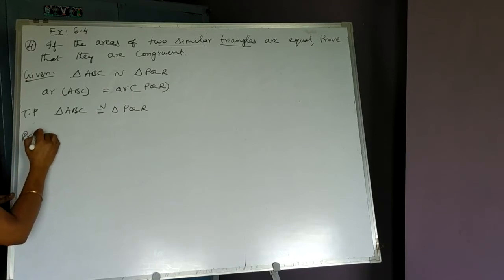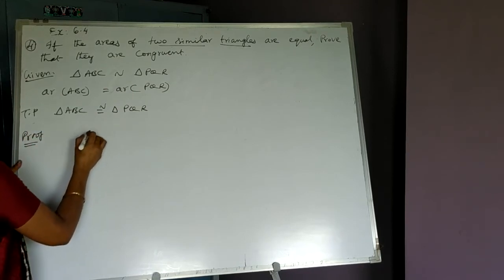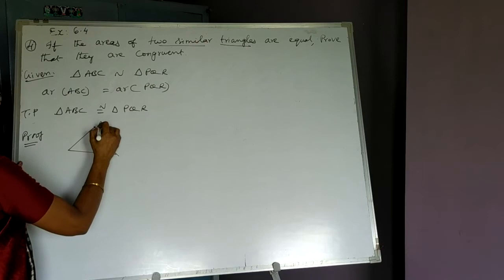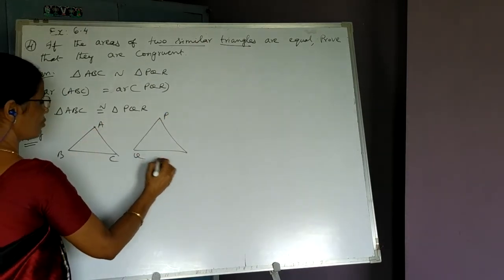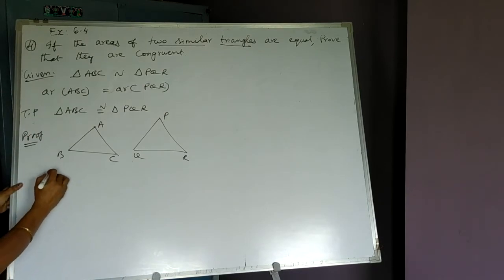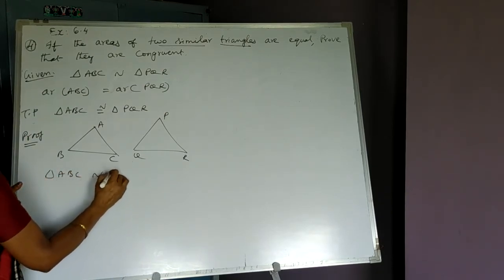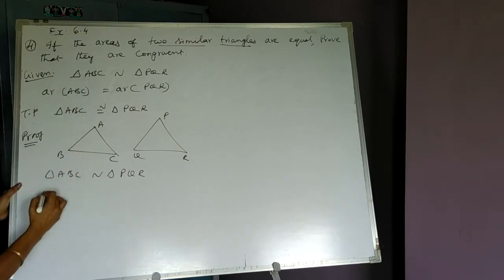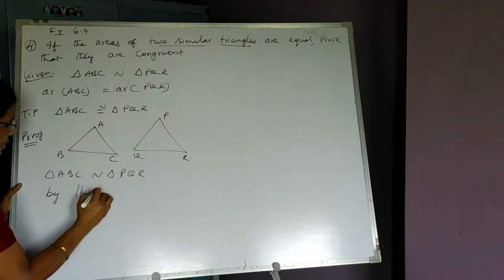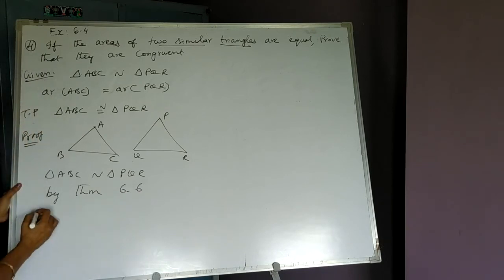So proof. I have taken two triangles ABC and PQR. Triangle ABC is similar to triangle PQR and area is also mentioned. Therefore, I am going to use theorem 6.6.